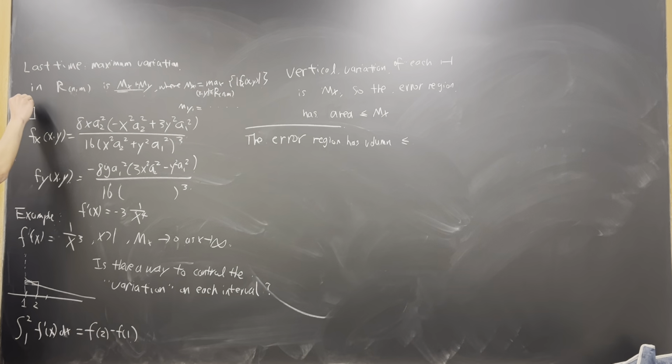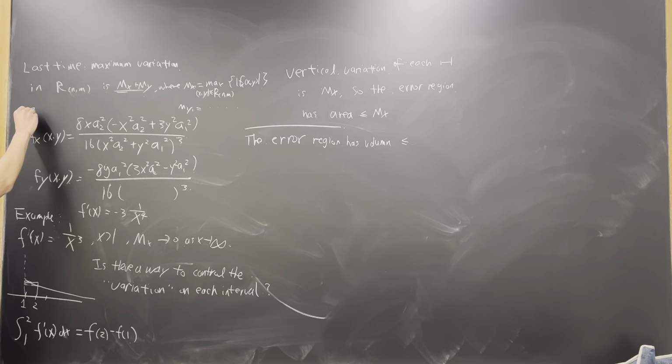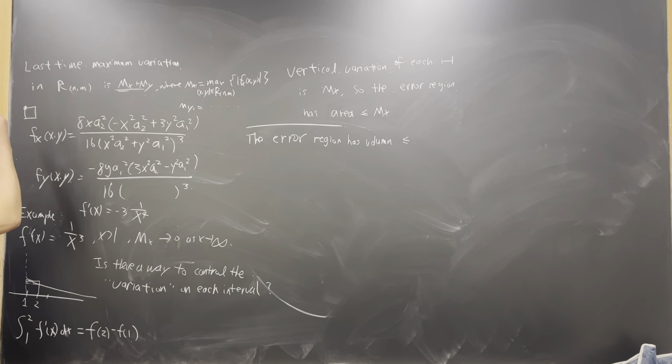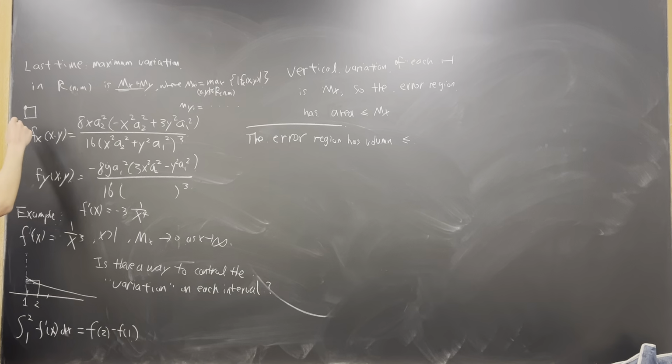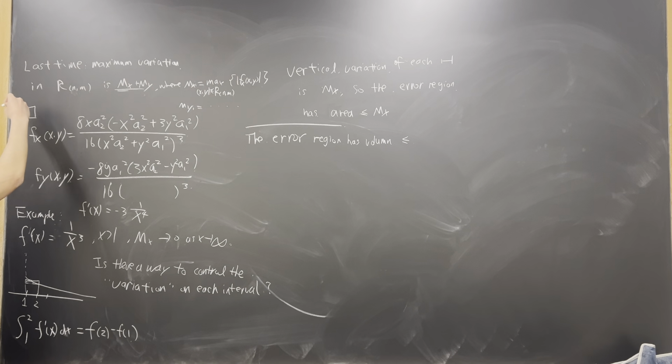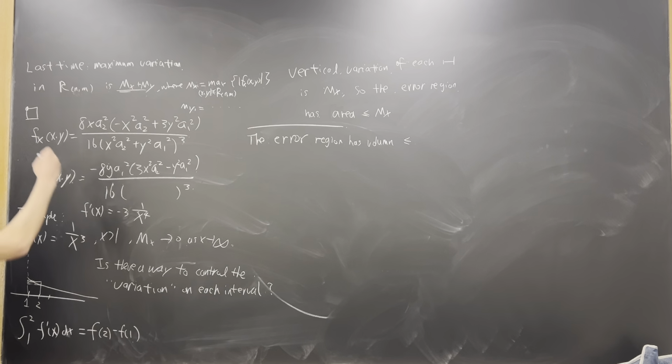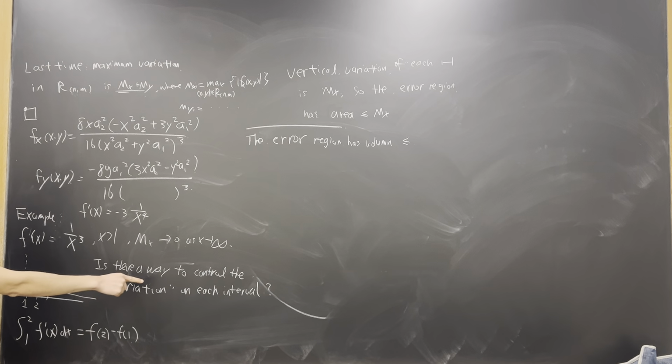For any point we pick, right? I think it's not just the left corner point, because the variation is total, right? So from any point the maximum variation is always bounded by this guy.